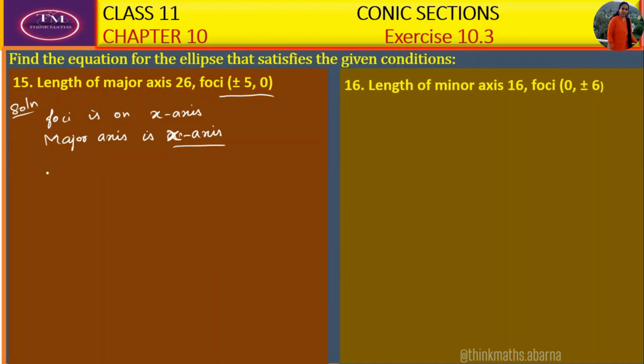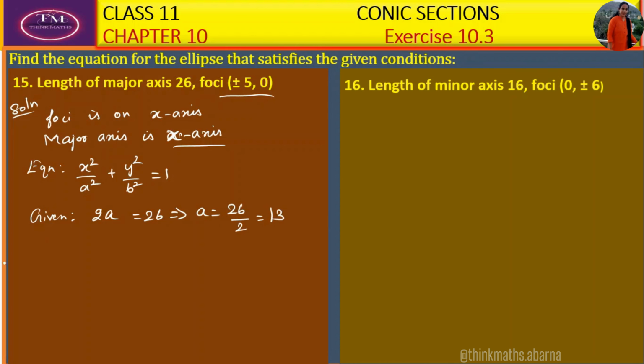If the major axis is the x-axis, the equation will be x square by a square plus y square by b square equal to 1. Now what is given? It is given the length of major axis, that is 2a is 26. That means a is equal to 26 divided by 2, which is 13.